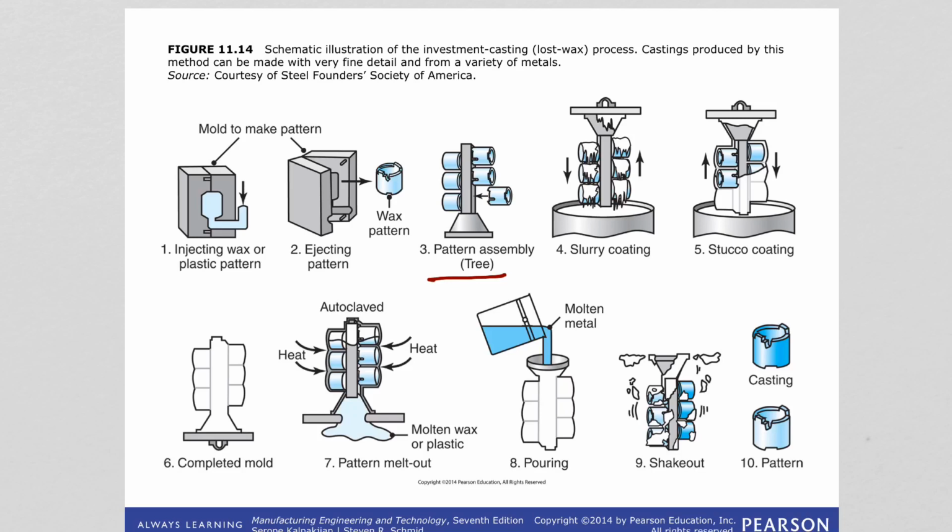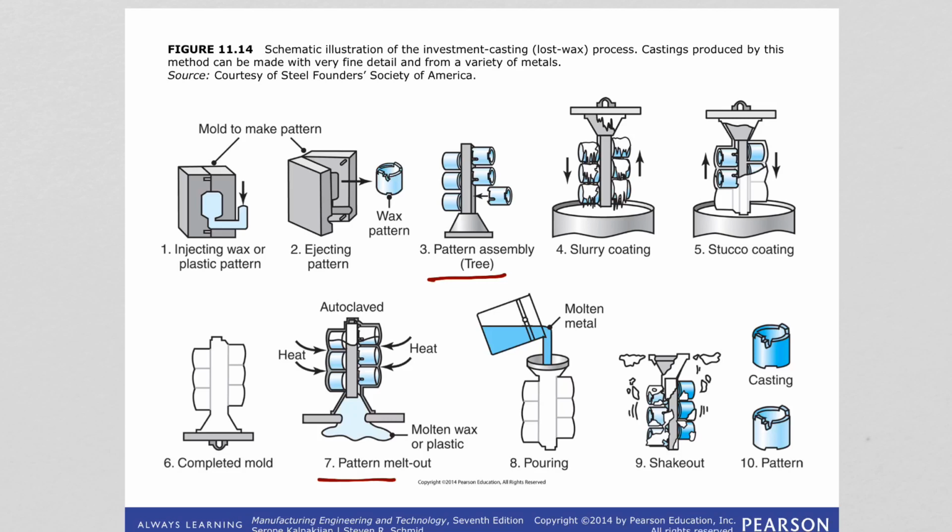Once we complete the mold, now we need to remove the pattern. It will be just melted out, like you've seen in stage 7. This time we initially melt the wax out before pouring the metal.